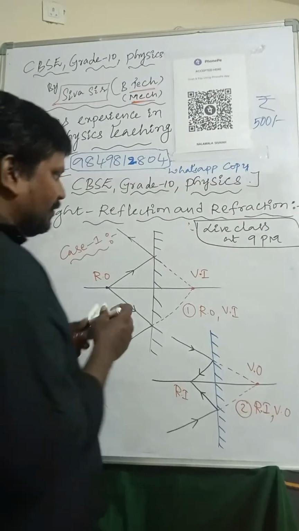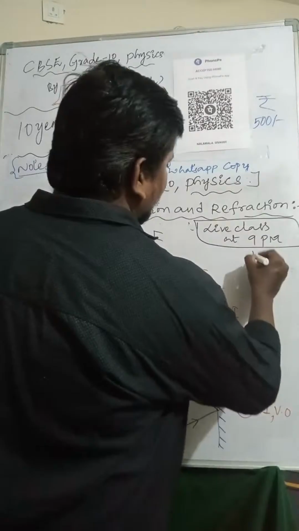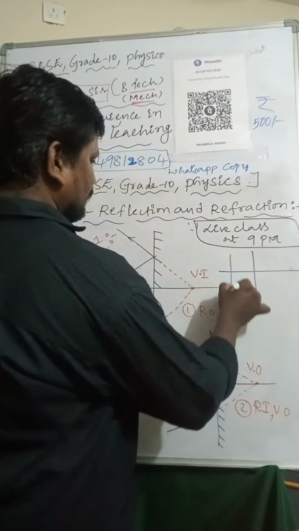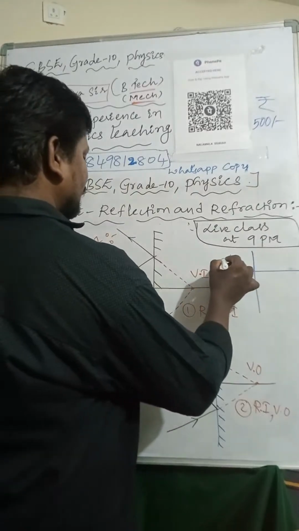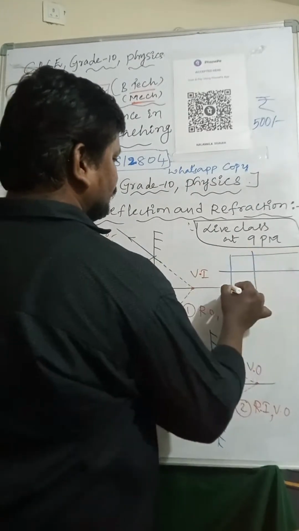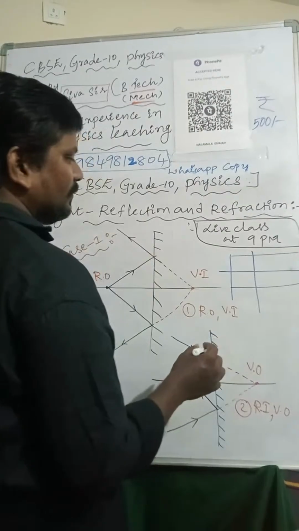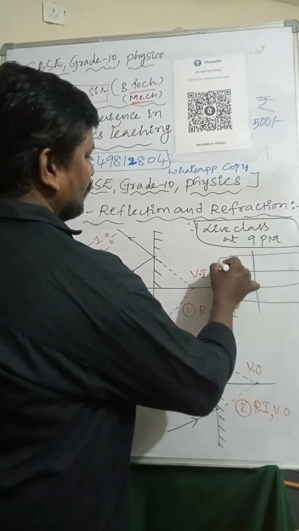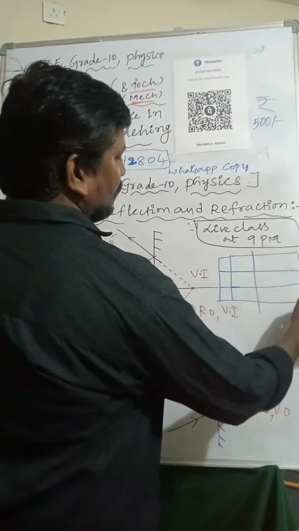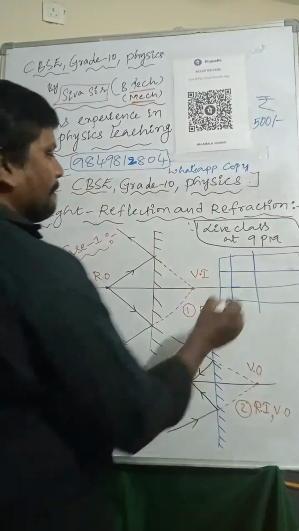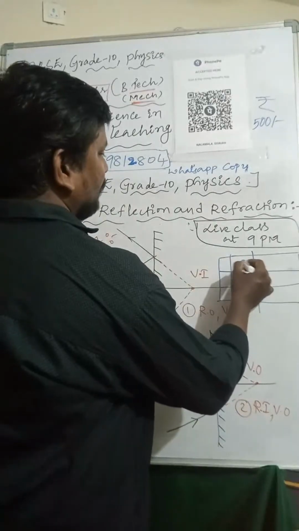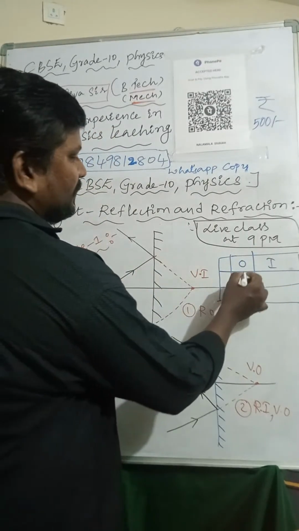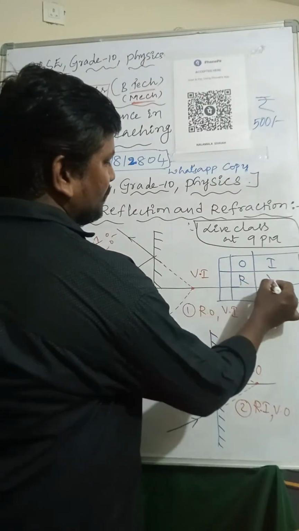We can conclude from here: object and image. When the object is real, the image is virtual.